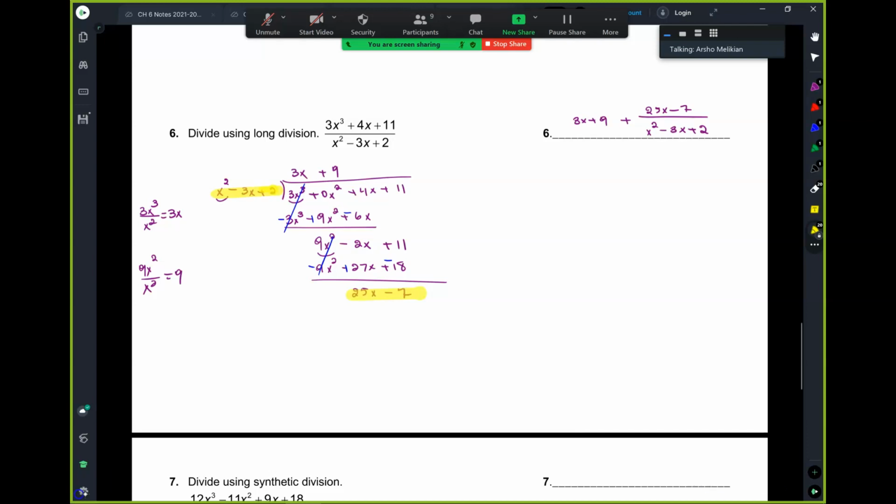When you're done, that remainder should always have at least 1 degree less than the divisor. So if the divisor is x squared, then the remainder should only be x to the 1 or below. That's how we know we're done with the process.